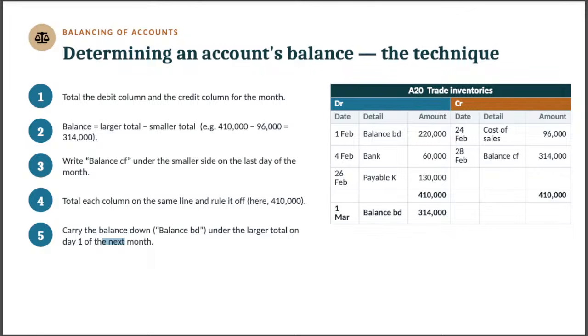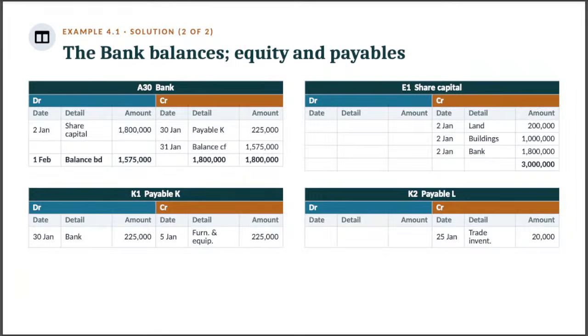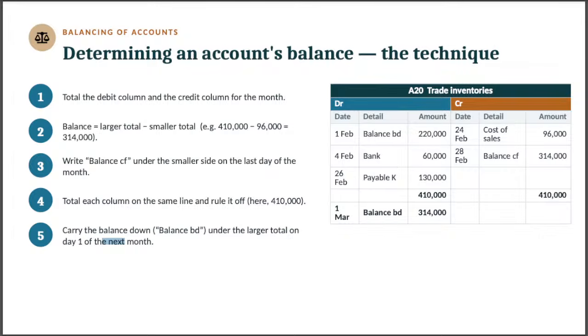So let's go back and look at this, see if it was done right. Carry forward. Yep, all right, so it looks like it has been. Again, balance c/f under the smaller side on the last day and carry the balance down, balance b/d under the larger total of day one.